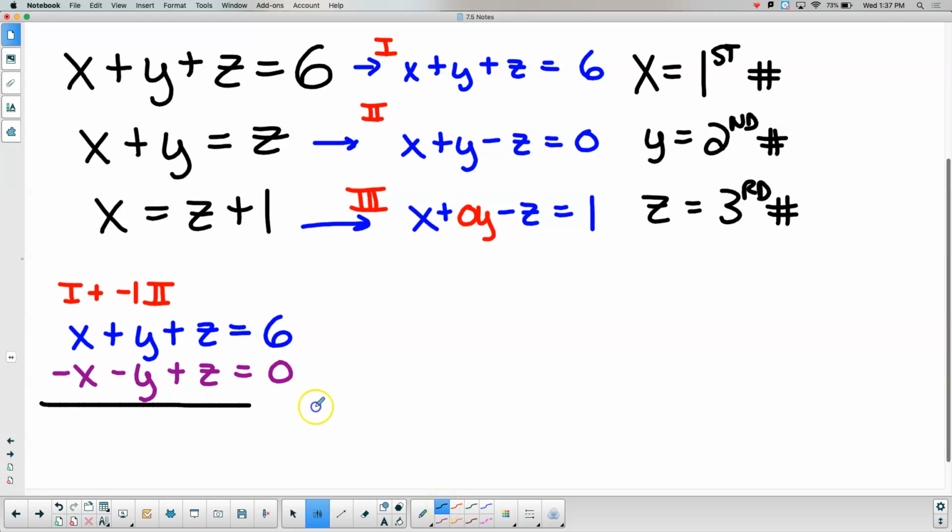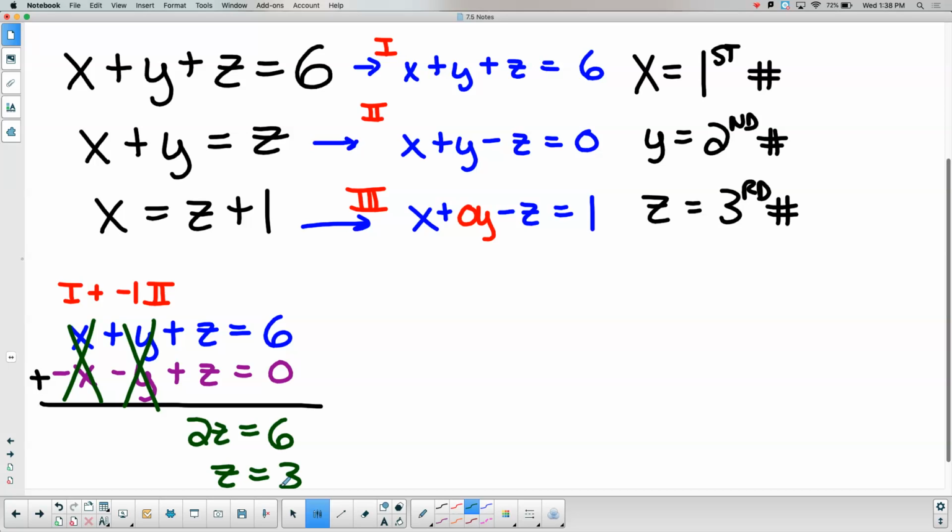Add those two together. X's cancel out. Y's cancel out. 2z equals 6. So z equals 3. That's a bonus.